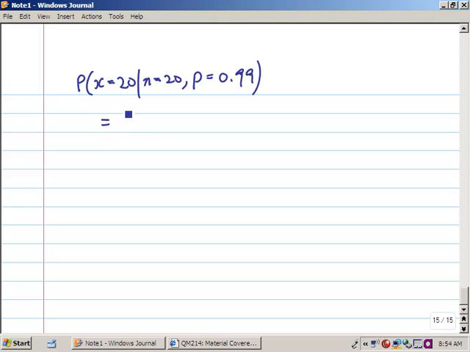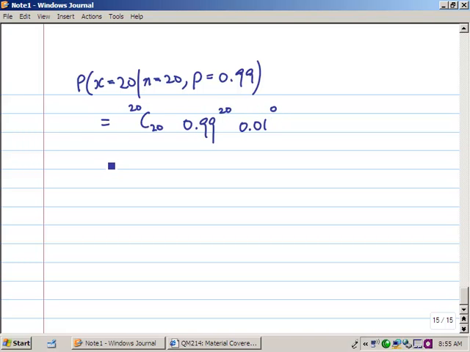So the answer to that becomes n is 20, 20C20, p is 0.99 to the 20th power, times 0.01 to the n minus x, 20 minus 20, which is 0.